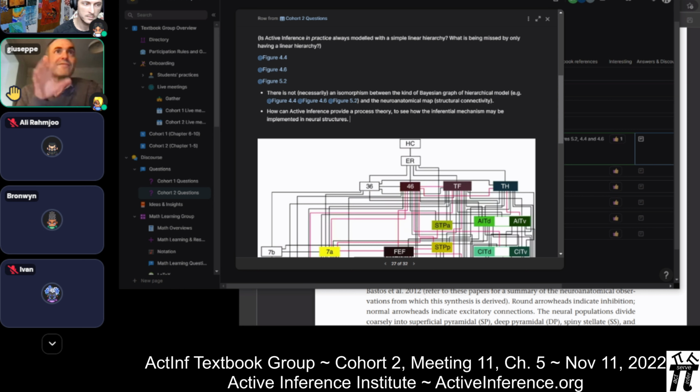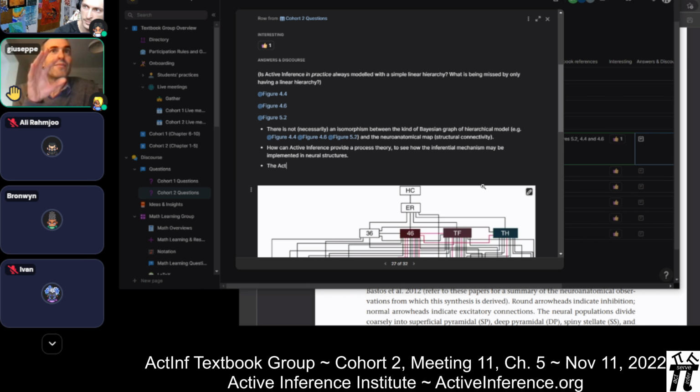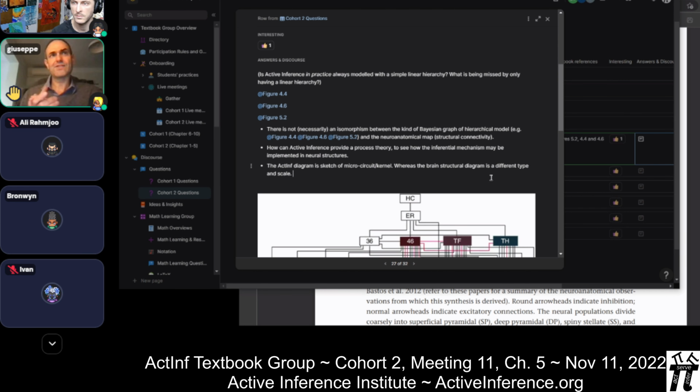The active inference diagram is a very simple sketch of a very simple microcircuit, while this one is a big architecture with a lot of complexity, and it's difficult to go in and map exactly those kinds of microcircuits within this large circuit scheme. There are probably going to be various microcircuits in there with various degrees of hierarchical structure within that large scheme, I guess.